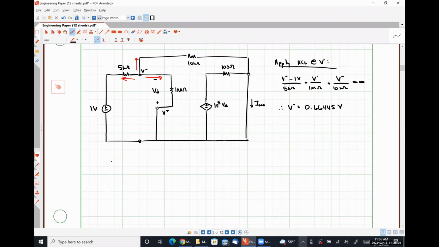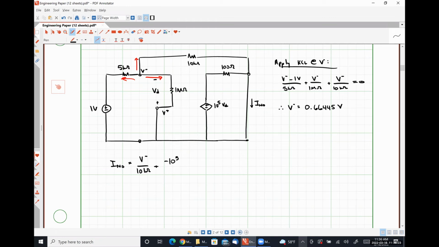From this, I Norton is V minus over 10 kilo ohms plus 10 to the 5 times VD.